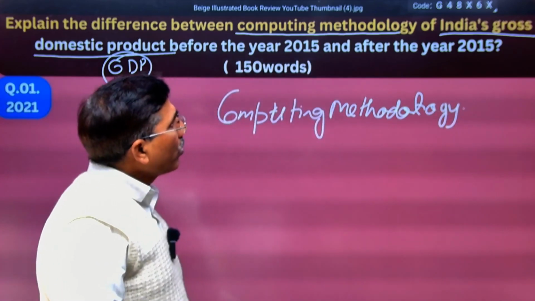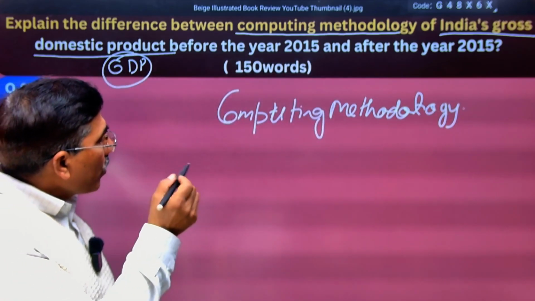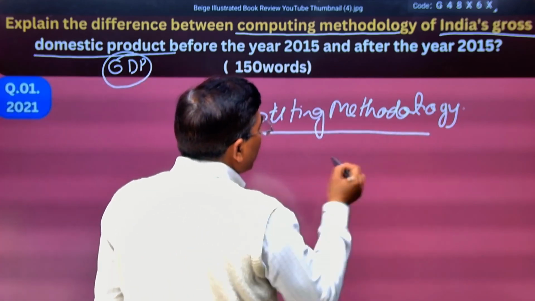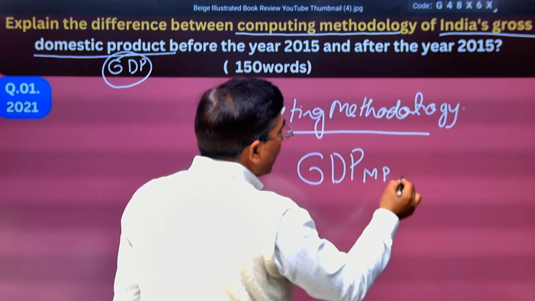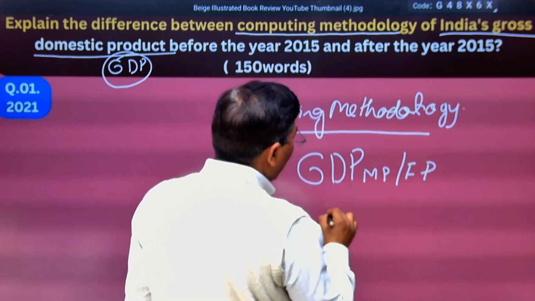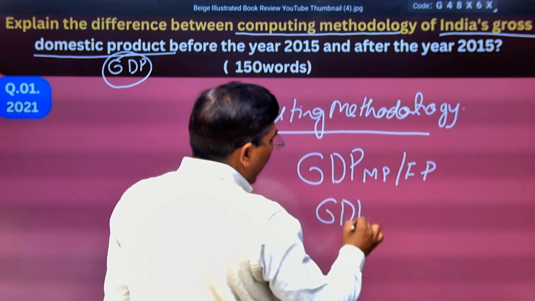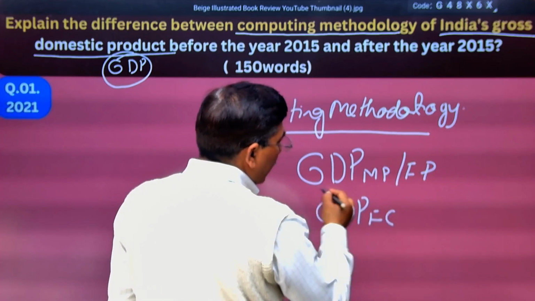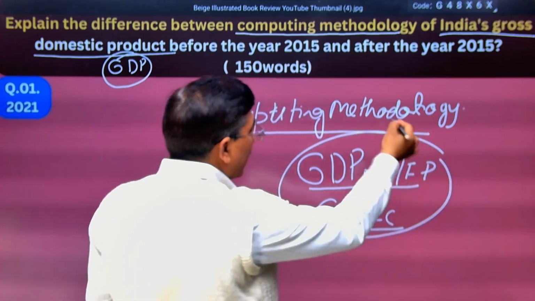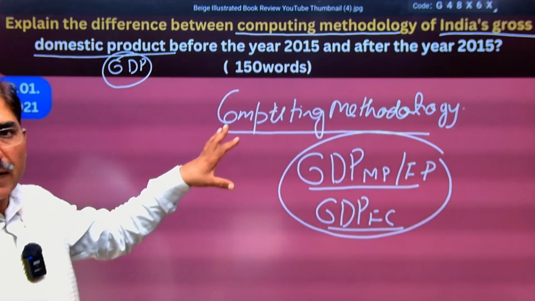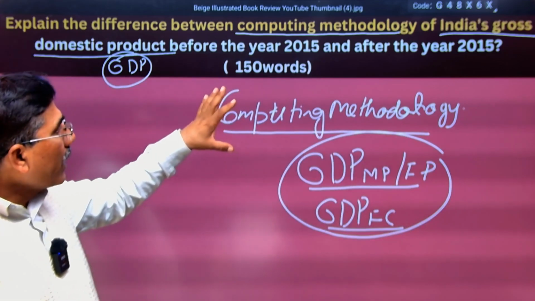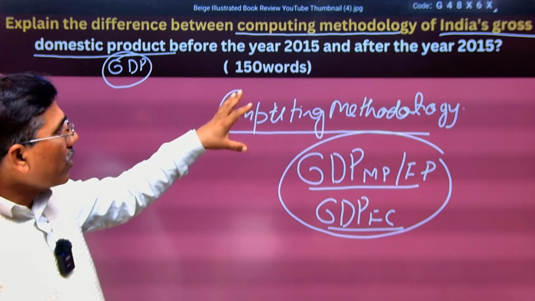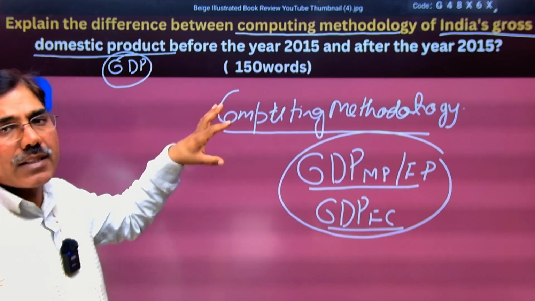But for the explanation of computing methodology, students, you should also be clear about the concept of GDP at market price, at fixed price, or GDP at factor cost. First, I explain the content of this topic. Later, I will give you how you can briefly write these questions in an impressive manner.